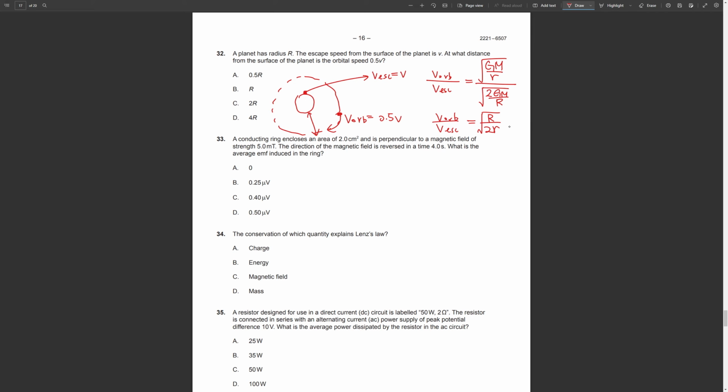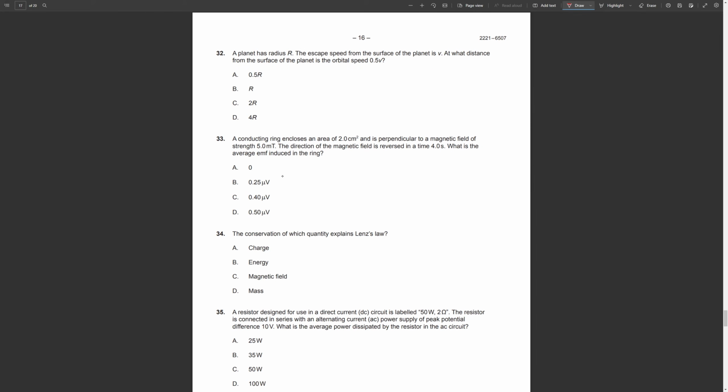And according to the given information, the orbital speed is 0.5 v, meanwhile the escape speed is v. So you can have R over 2r being 1 over 4, and R is therefore 2r. The orbital radius is 2r. With the radius being r, therefore the distance between the orbit and the surface of the planet is 1r. The answer is B. Question 33.